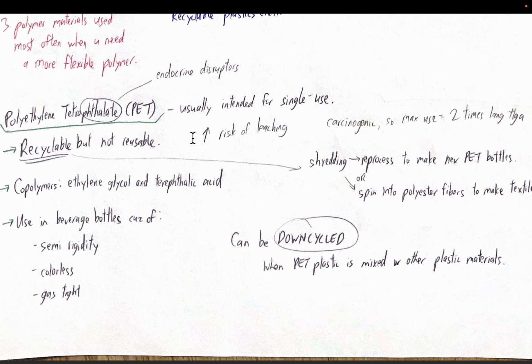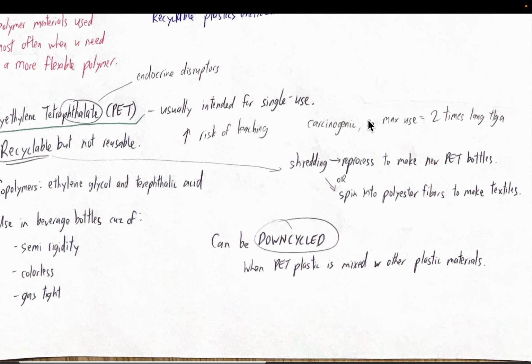And at the same time, studies have suggested or have shown that PET is carcinogenic. So the maximum times that you can use something that's made out of PET, especially when it contains something that you consume, such as drinks, you only use it at a maximum of 2 times, but ideally just don't.